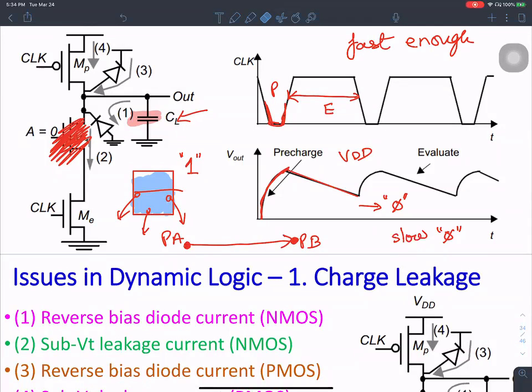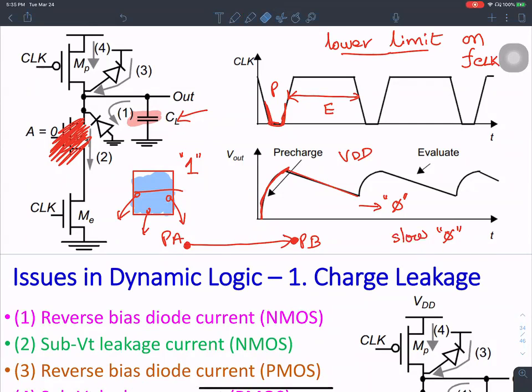You have to operate at a high frequency. If your frequency is low, then your output logic will approach zero. So in other words, there is a lower limit on the clock frequency. If you operate any lower than that prescribed value, then your circuit malfunctions.